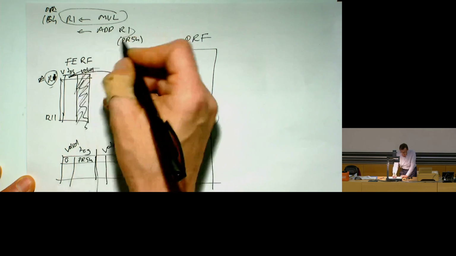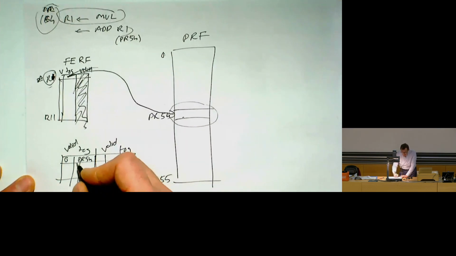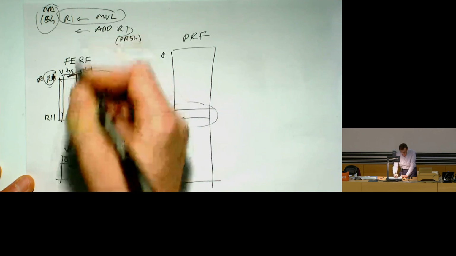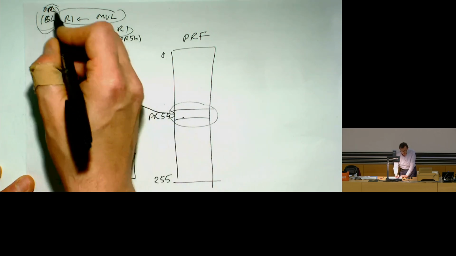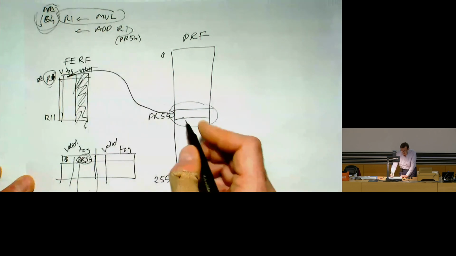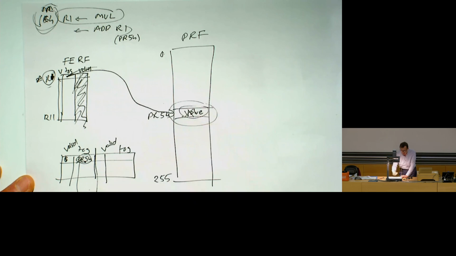And initially, when this gets renamed, it'll be 0. When this broadcasts a tag, this instruction will compare physical register 54, so it will wake up, but there's no value broadcast. When this broadcasts the value, it writes the value to the physical register file. So there's a value that's associated here.